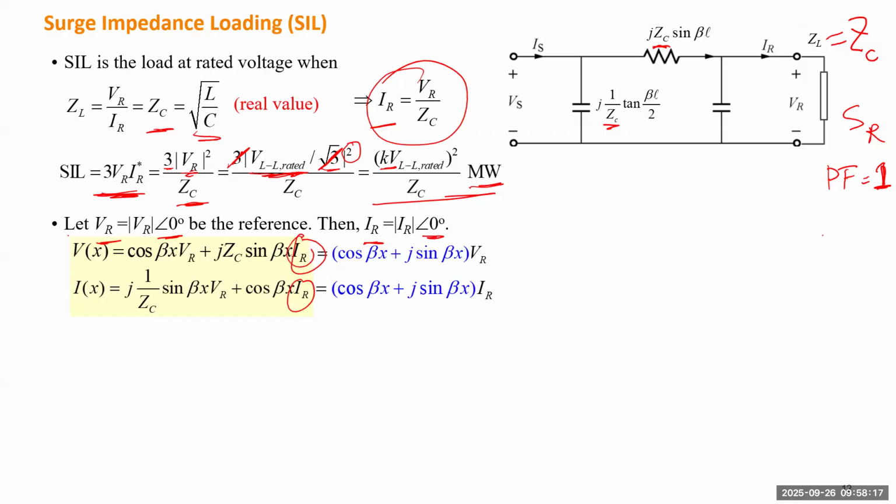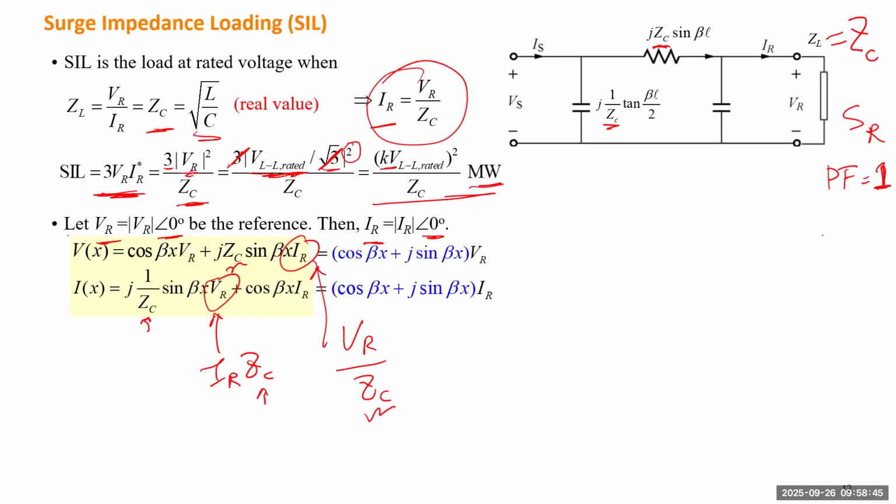For the first one, we replace it by VR divided by ZC, so you see this ZC will be canceled with that ZC. In the second equation, we replace this VR by IR times ZC, so this ZC will be canceled with that ZC.